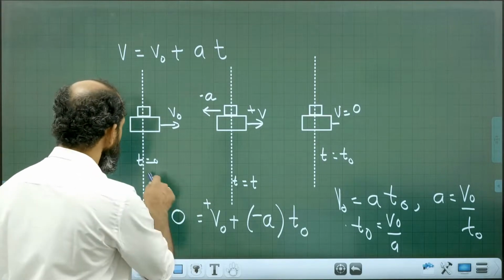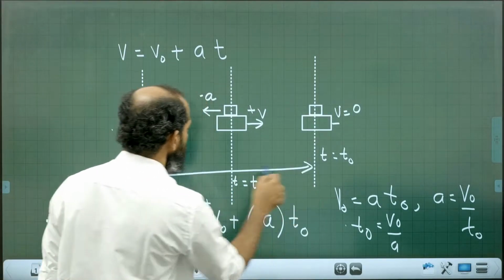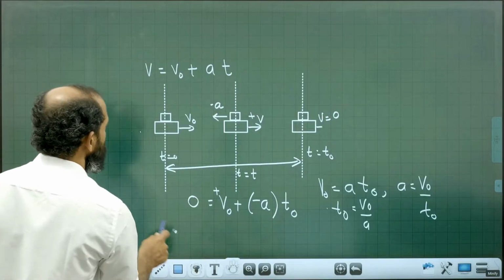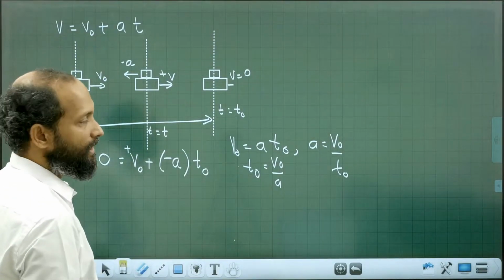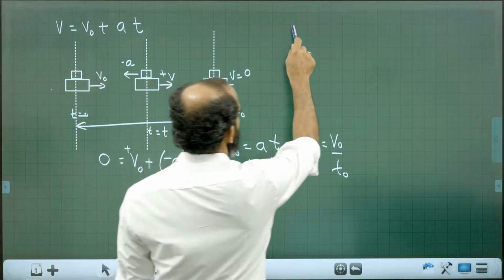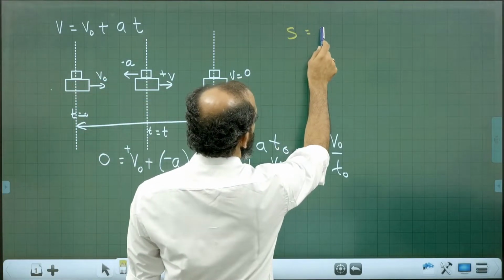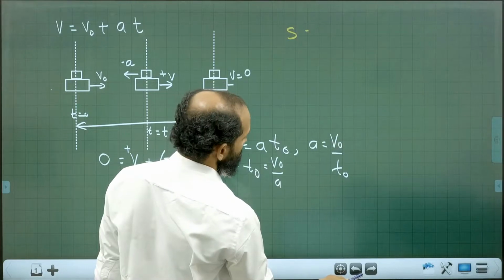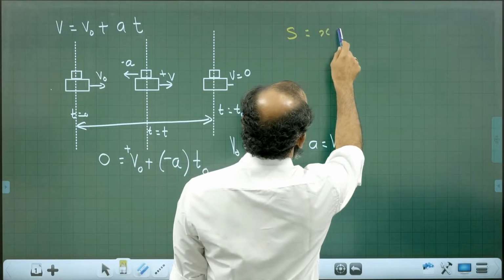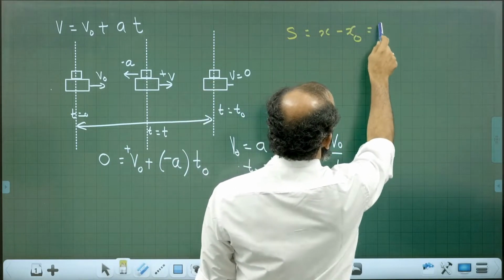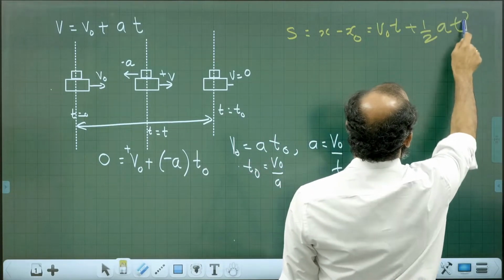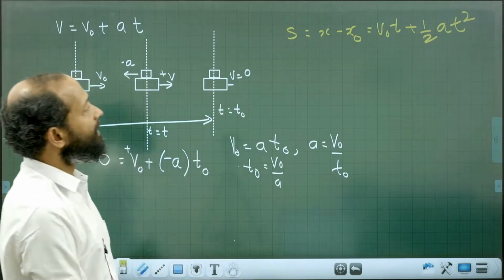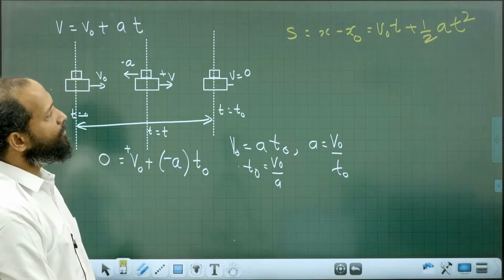What is the distance from here to here? There we use another kinematic equation. Let us choose the same situation to make you understand the formula. S, or x minus x0, is equal to v0 t plus half a t square. X minus x0 is called displacement, or sometimes called s.